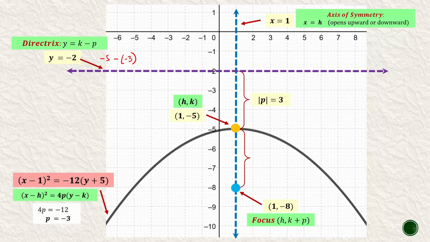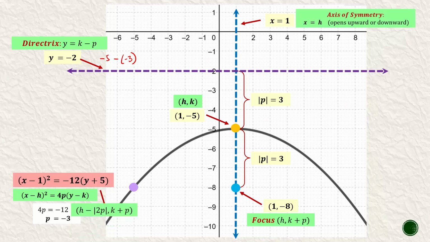And the second to the last thing that we will find here are the ends of the LR. So let's start with the one on the left, that purple dot. The y coordinate of that is the same as the y coordinate of the focus.